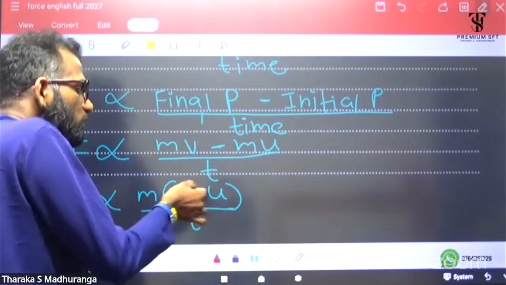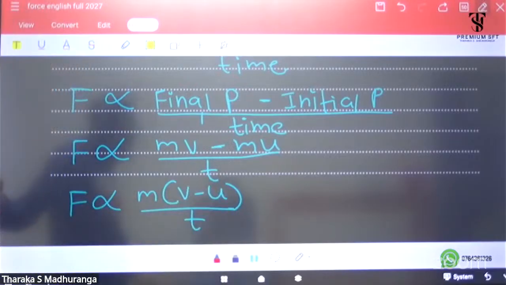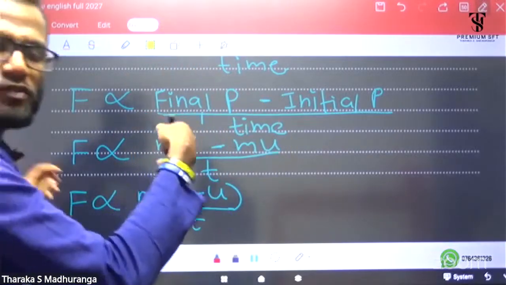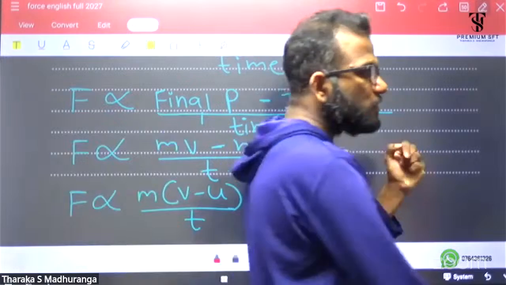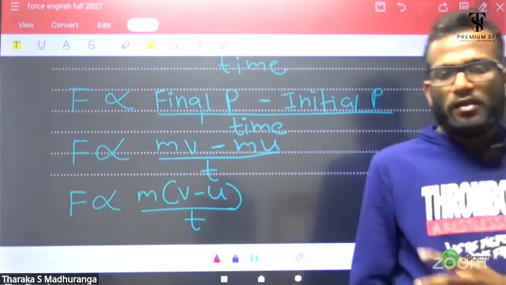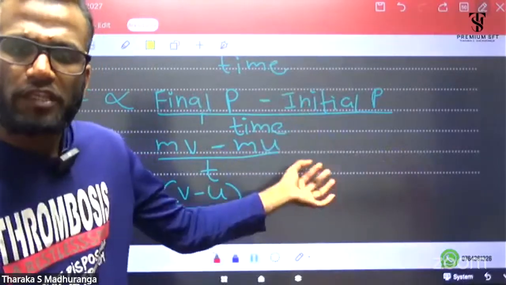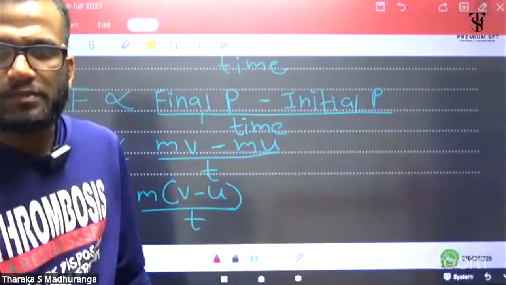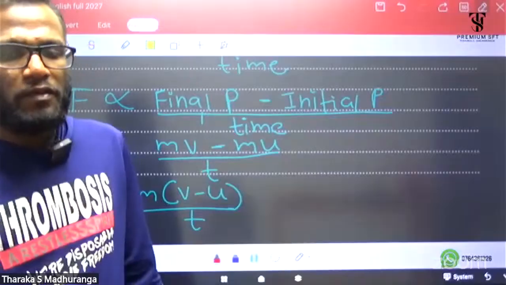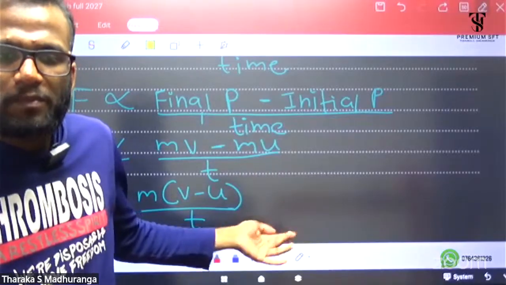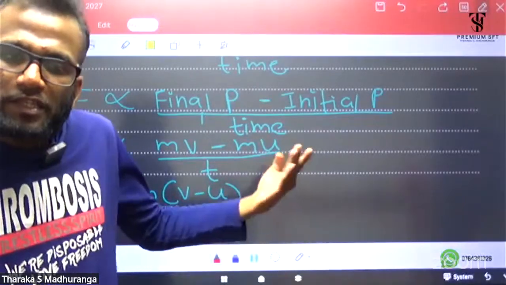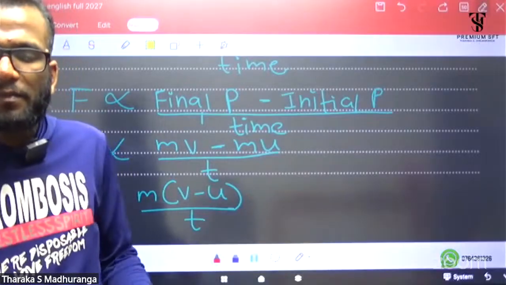What is the meaning of v minus u? V minus u means final velocity minus initial velocity, which is the velocity difference. Velocity change divided by time. What is this? The velocity change in a unit time.